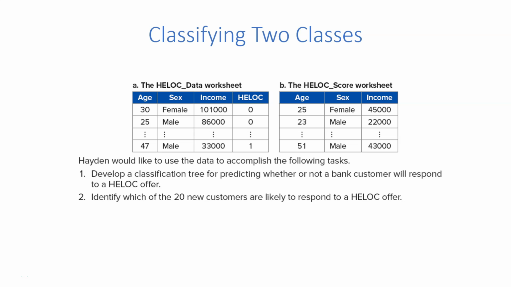Hayden from Sunnyvale Bank has compiled data on 500 customers who received home equity line of credit offers from the bank in the past, including their age, sex, income, and whether they responded to the offer or not. Hayden wants to use the dataset to develop a discriminant analysis model to predict whether a customer would respond to a home equity line of credit offer or not, and use the model to score the 20 new customers in the score dataset.